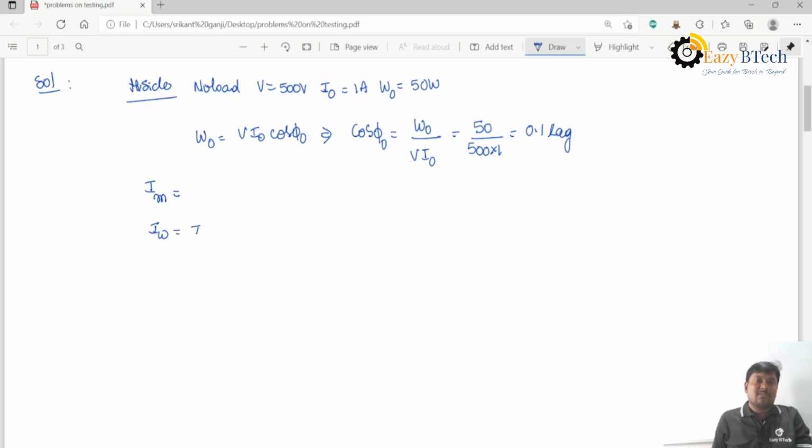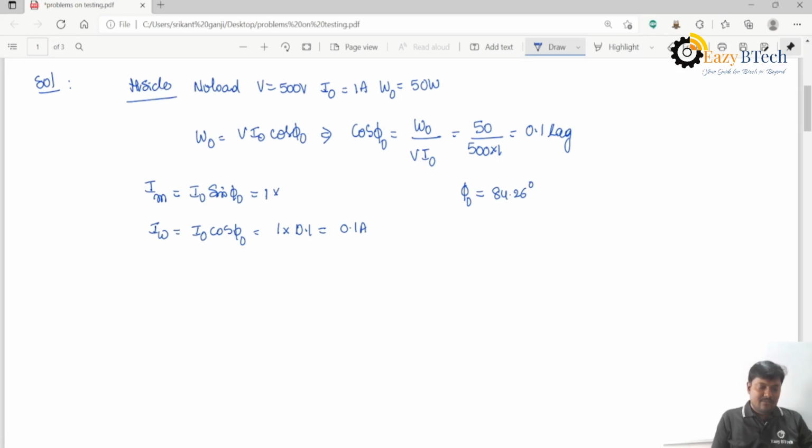After that, we should calculate the magnetizing component of current and the wattful component of current. The wattful component of current is I0 cos phi 0. The I0 value is 1, the power factor is 0.1, so Iw is 0.1 amperes. Im is equal to I0 sin phi 0, so 1 into sin phi 0. From this you can calculate the phi 0 angle, which is 84.26 degrees.